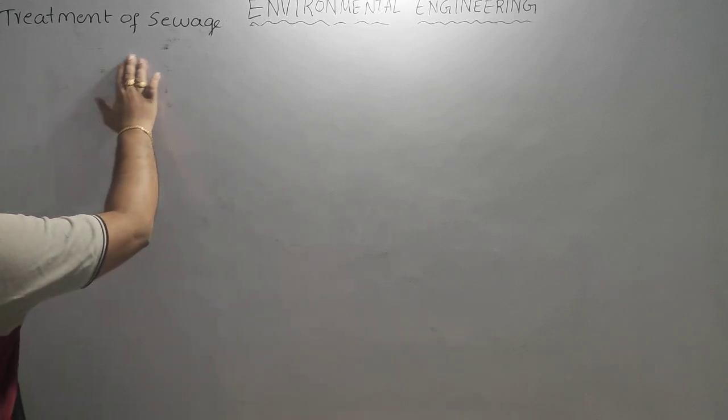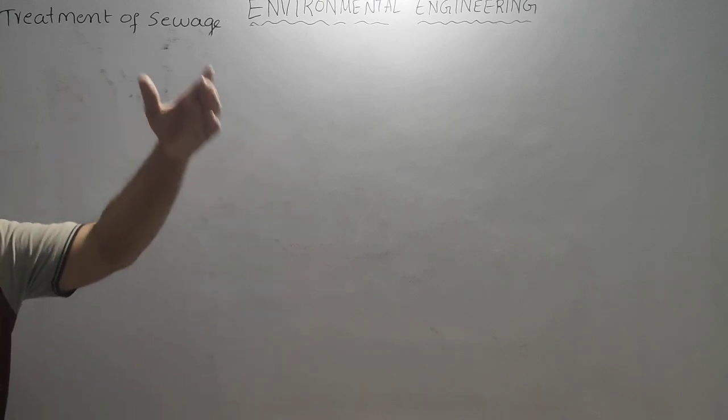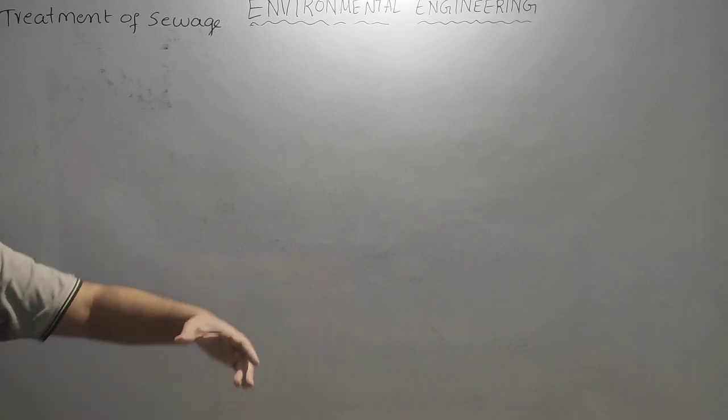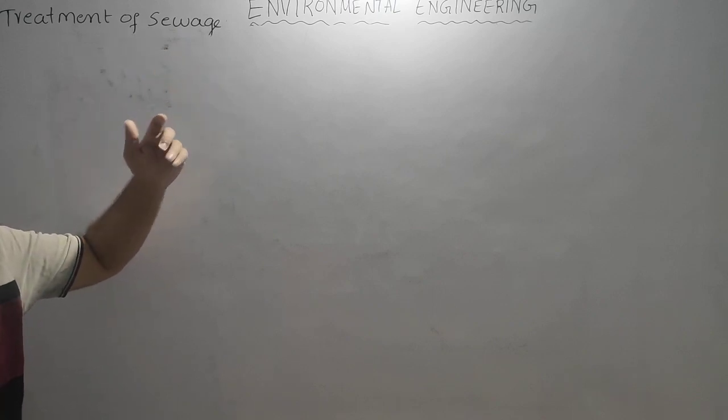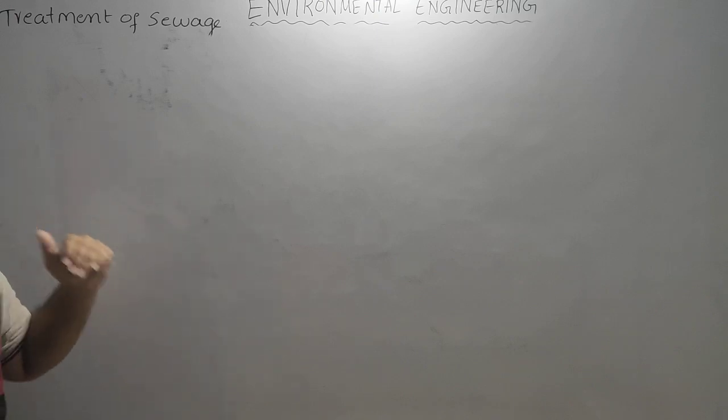That is why whatever decomposition happens will happen in anaerobic mode. In the septic tank we also have a trap which traps the gases. There will be a long pipe, as you can see in your homes also. That is the gas out. Okay, so once the sludge is settled down, the liquid part goes on.